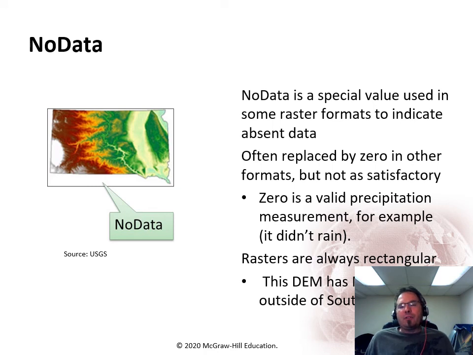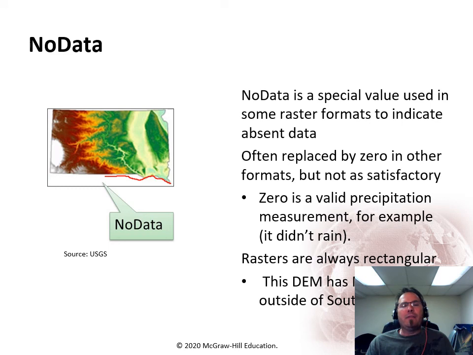The final thing I want you to get off this slide is that rasters are always rectangular. Regardless of what you see on the screen, they're always rectangular. That is a function of the programs that were written to manipulate rasters way back in the day, which required squares. So even if we clip a raster, which we'll talk about later, you could see it in the image here. This is South Dakota. It has this irregular shape.